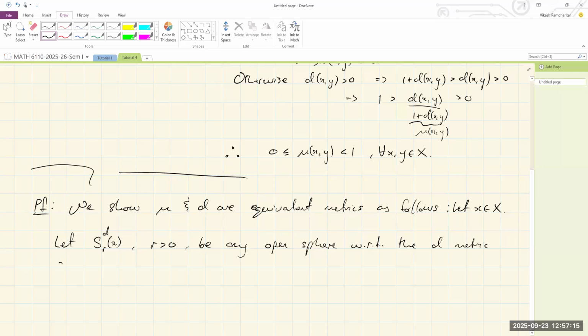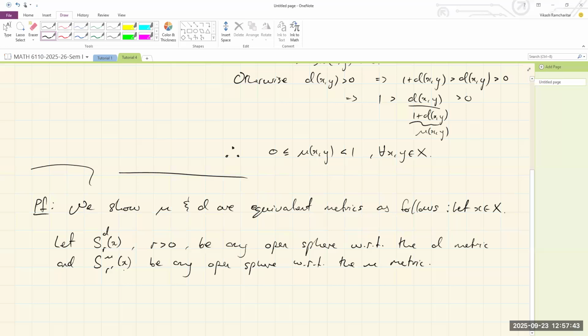And let S^mu_{r'}(x) be any open sphere with respect to the mu metric, okay? Because we have two metrics here. So I have one open sphere with respect to the d metric and one open sphere with respect to the mu metric.